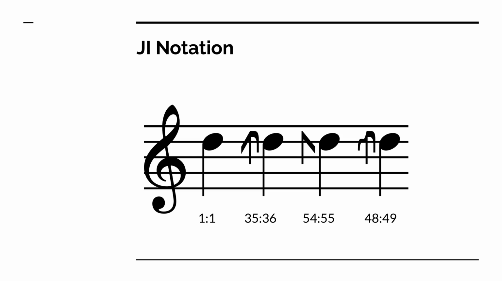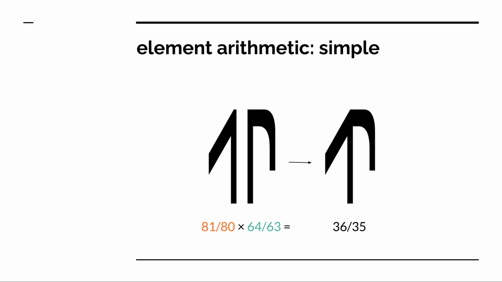Let's first look at how to derive that first symbol, the one that we do find in Spartan. What we have here is a very basic example of what we call element arithmetic. Remember, flags and shafts are both symbol elements. When you merge a single flag symbol with another single flag symbol to create a new symbol with both flags, it's often as simple as exactly combining the values of the original two symbols, that is, their primary commas.